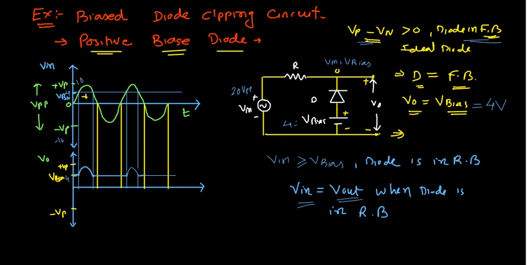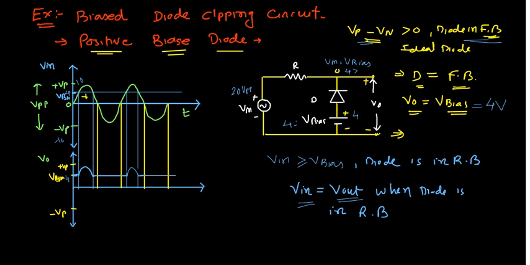But whenever V input is going to appear greater than V bias at this junction, at this point, this V input is trying to go above 4 volt. This is already 4 volt.